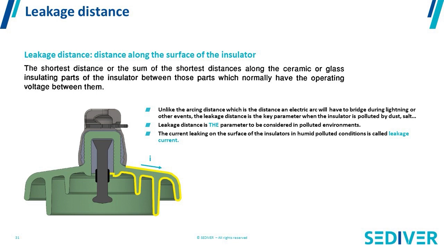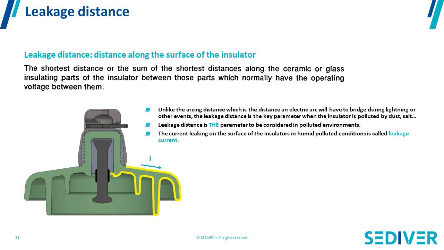So unlike the arcing distance, which I explained earlier, which is the shortest possible path for an arc, the leakage distance is actually following the shape of my insulator, because if there is a leakage current, which is a current generated by the presence of a wet surface on my insulator, the leakage current is going to follow the surface of my insulator one after the other in order to go on the other side of the string.